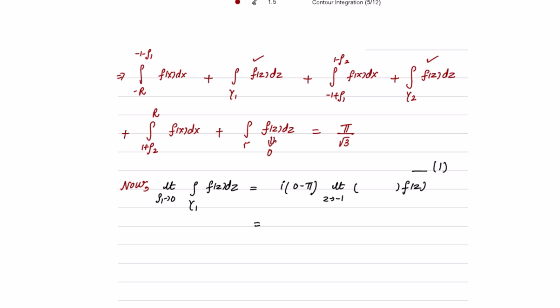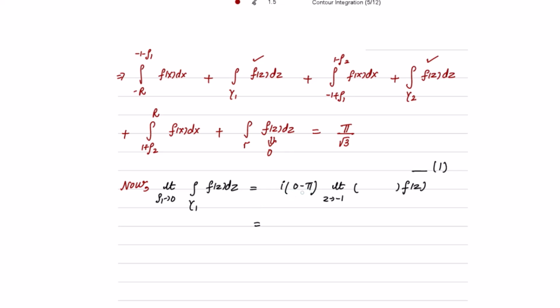So calculating this as the limit ρ1 tends to 0. Please remember, whenever you integrate along the semicircles, the smaller ones where you are indenting the contour, the radius always tends to 0, and for τ the radius always tends to infinity. Please remember this. So the radius ρ1 is tending to 0. The integral over γ1 of f(z) dz is equal to, the formula is i(θ2 − θ1), that is i(0 − π).